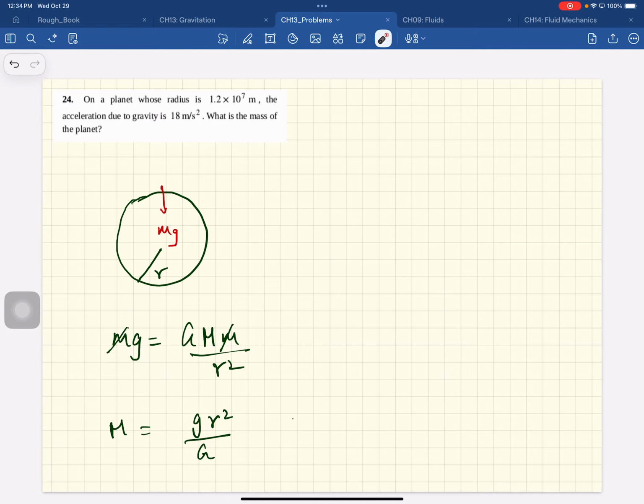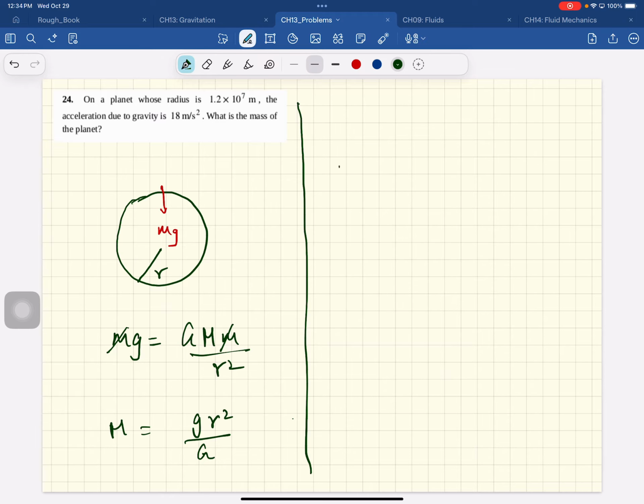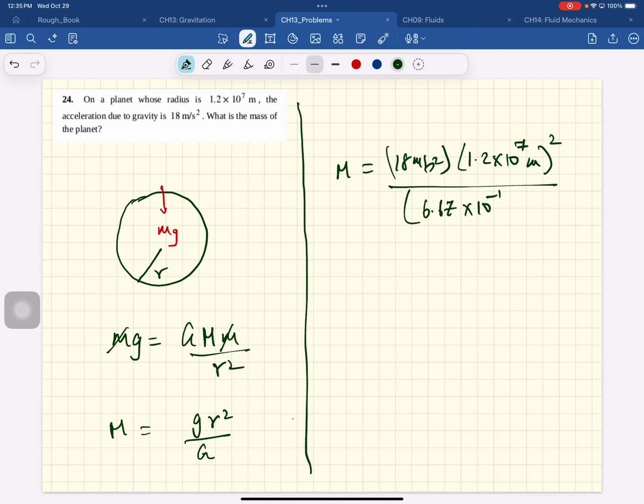So you can calculate the mass of the planet. g is 18 meters per second squared, the radius is 1.2 times 10 to the 7 meters, and G, the gravitational constant, is 6.67 times 10 to the minus 11.